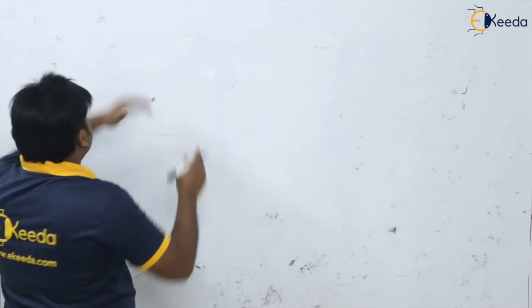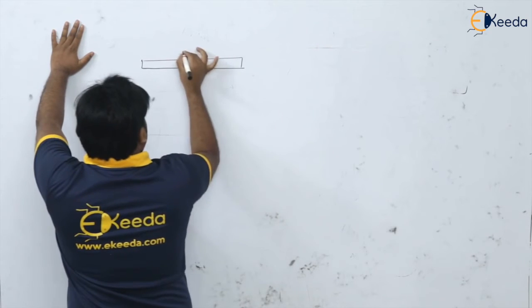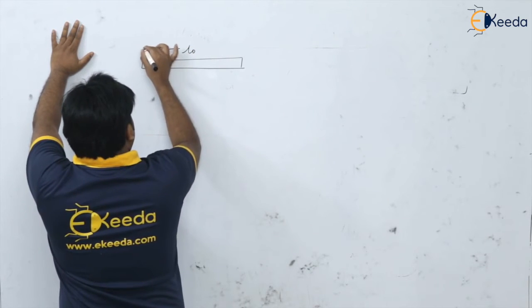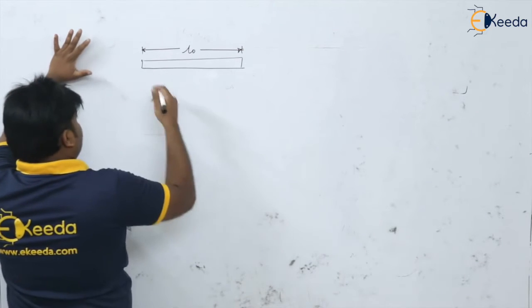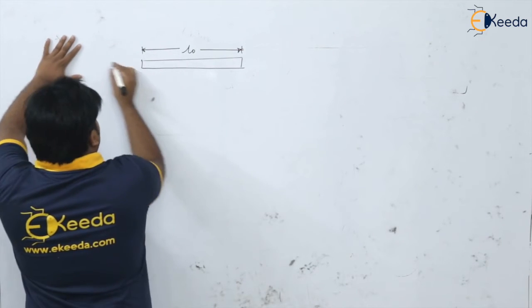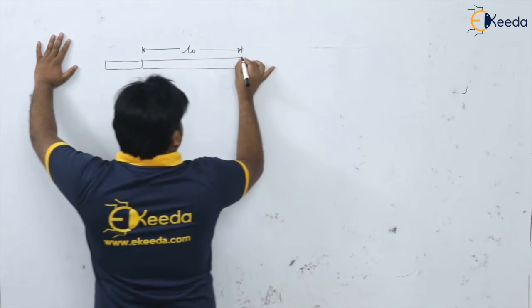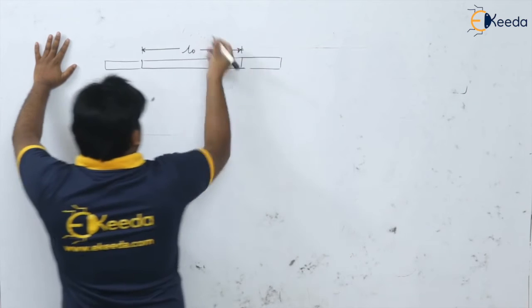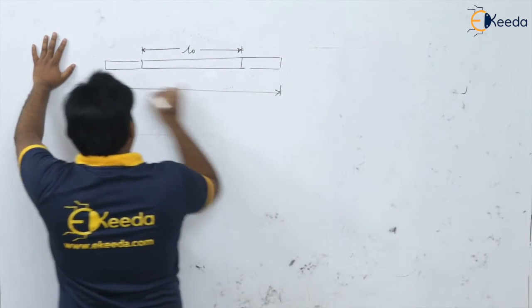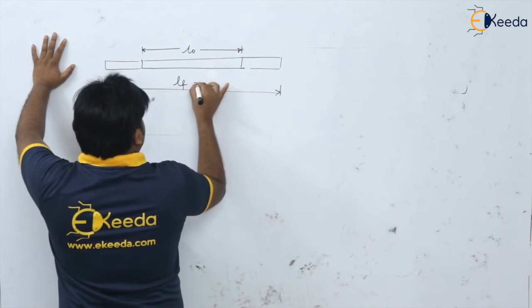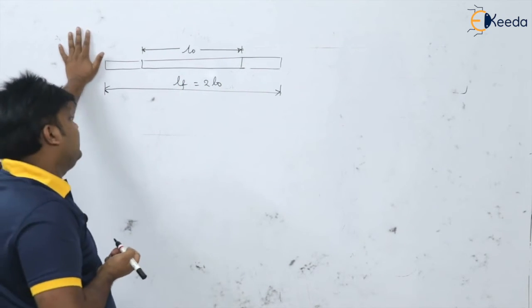Suppose I have a rod of length L original, and I am going to deform this rod with a tensile load P to double this value. So L final is 2 times L original. Of course tensile loading is there.